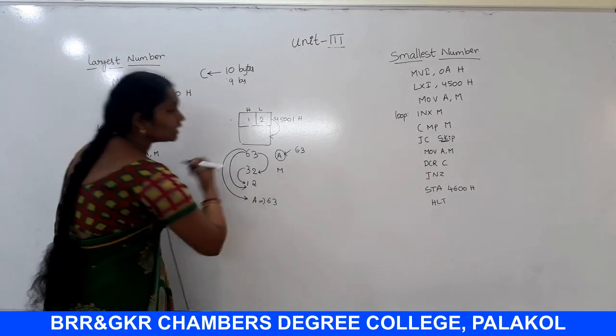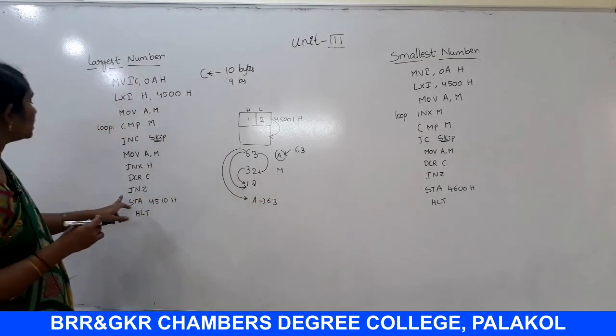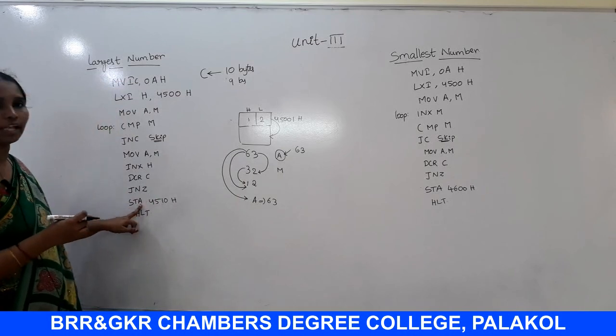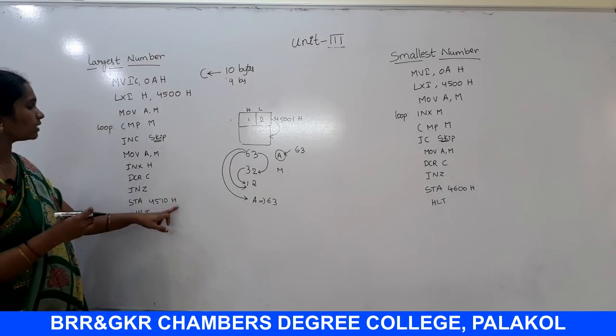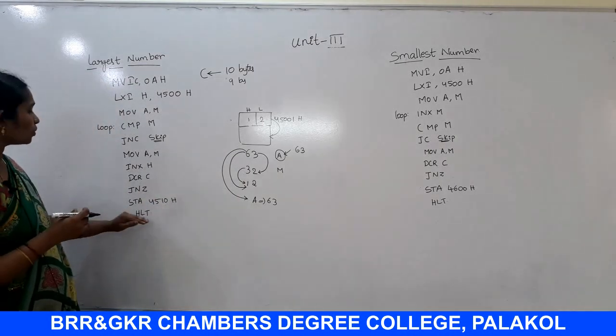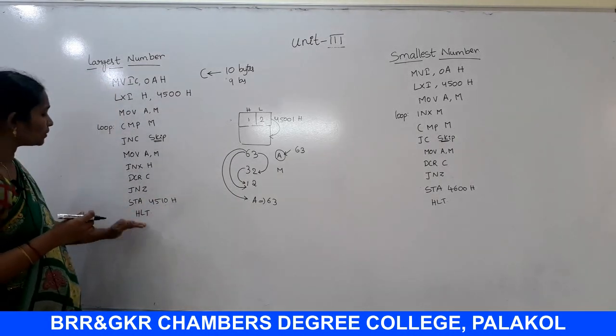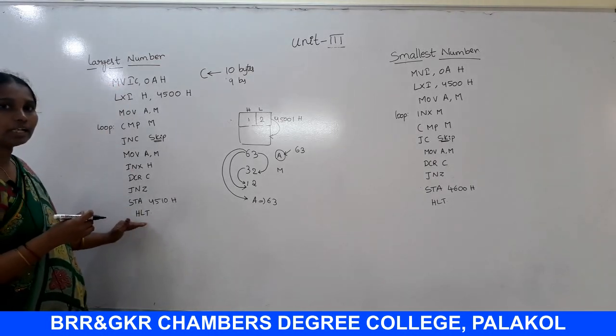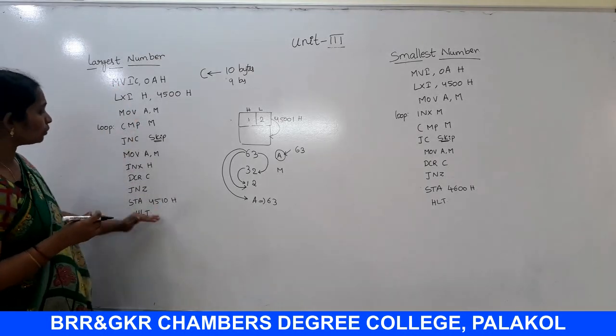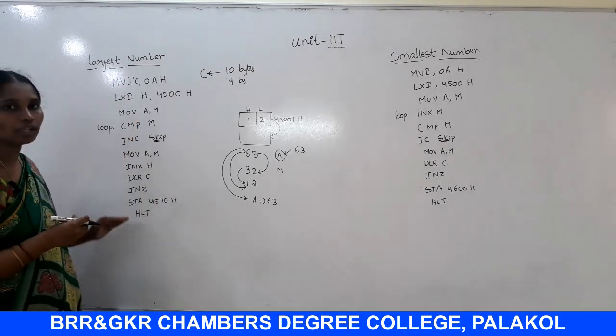Finally, this is the largest value, and it is stored at the corresponding address 4510H. After completion of this program, lastly we have to write HLT, which is halt, so we stop the program here.